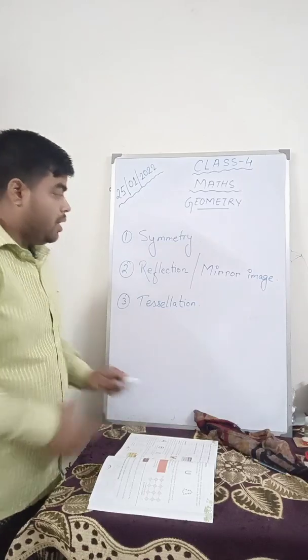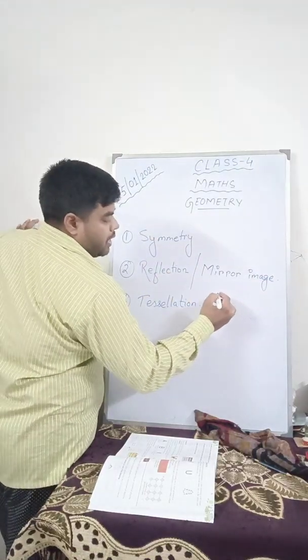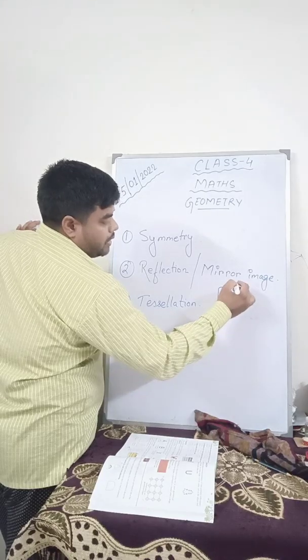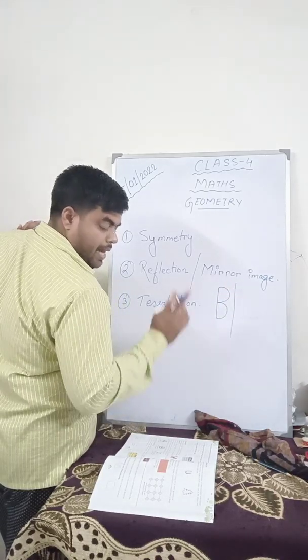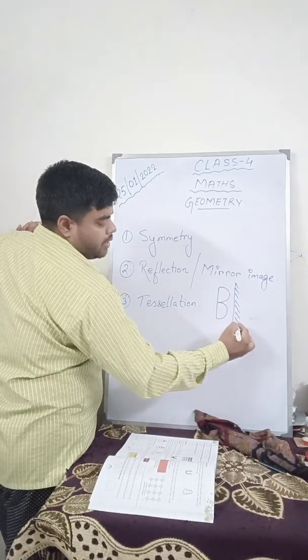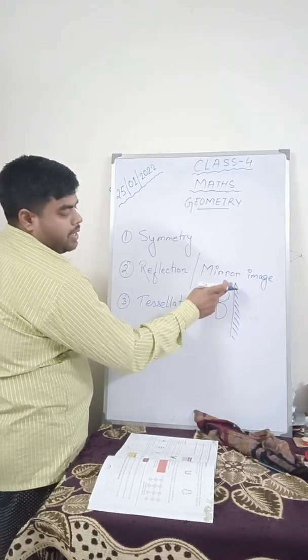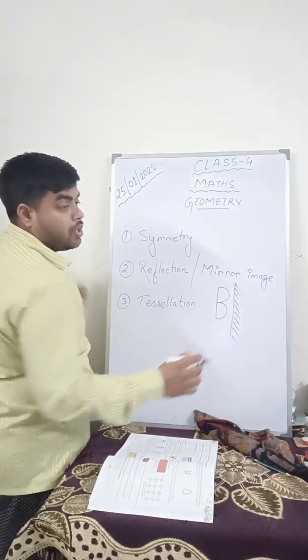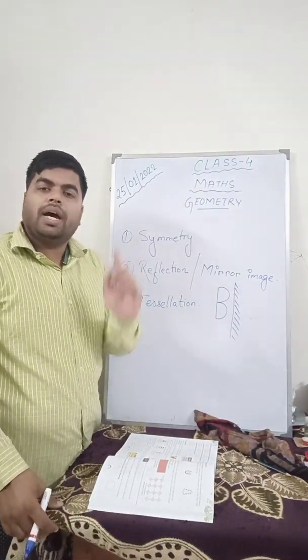So suppose I take B, and this is your mirror, and you have to show the image on one side. On the original side you will not draw any line. On the image side you have to draw this, so that you indicate which one is original and which one is the image.